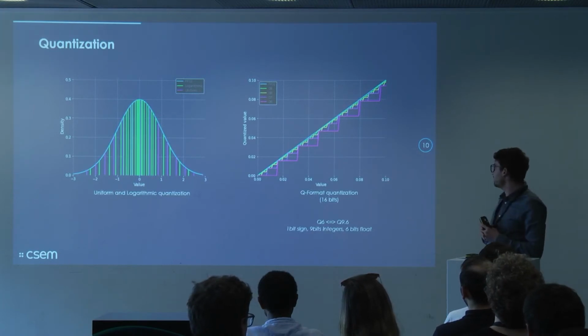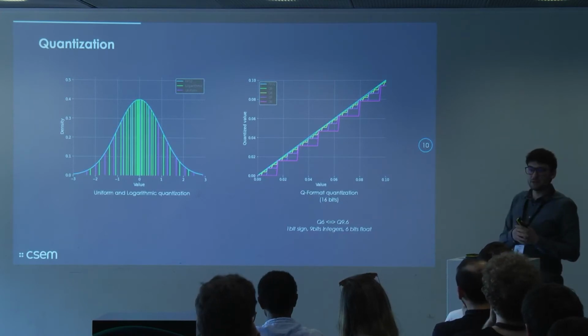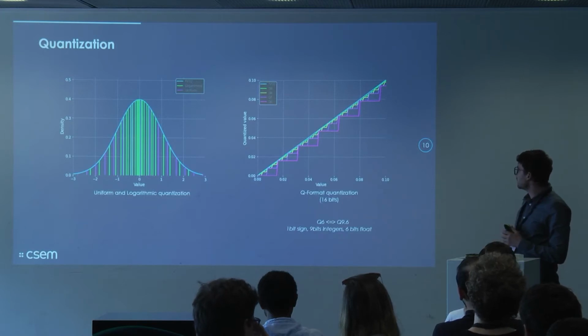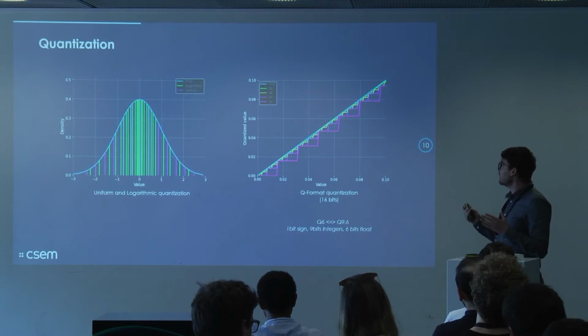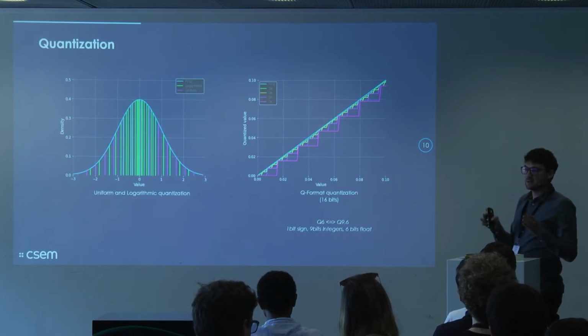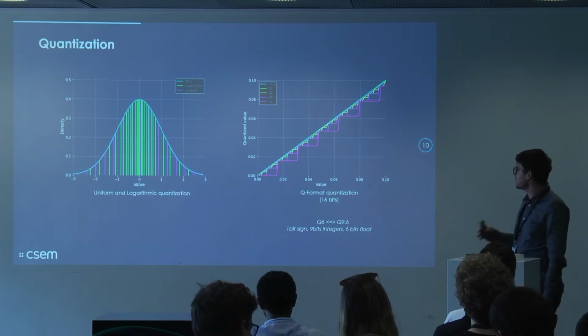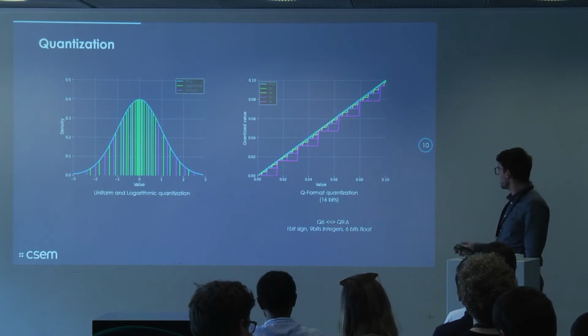Or you can have a rounding quantization where you try to round the values to the nearest one. In this case, I show the Q values, which use a certain number of bits to represent the integers, and the rest of the bits to represent the floating point value. So you get some roundings that are represented in this graph.